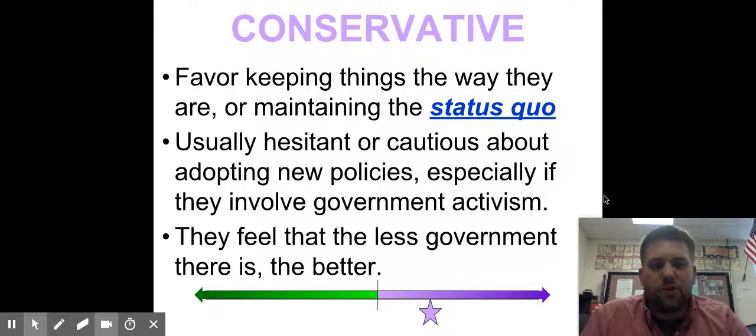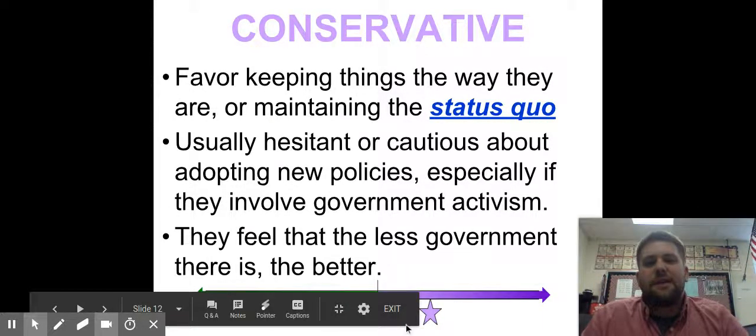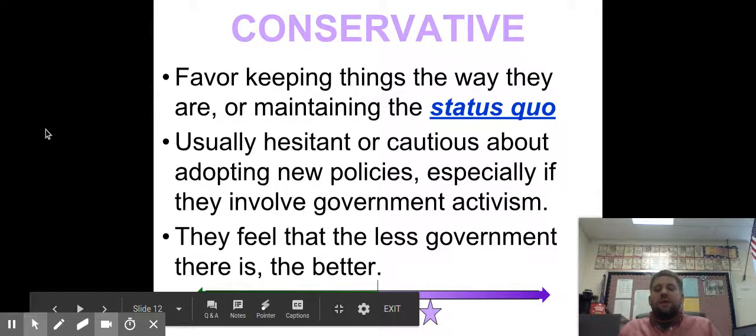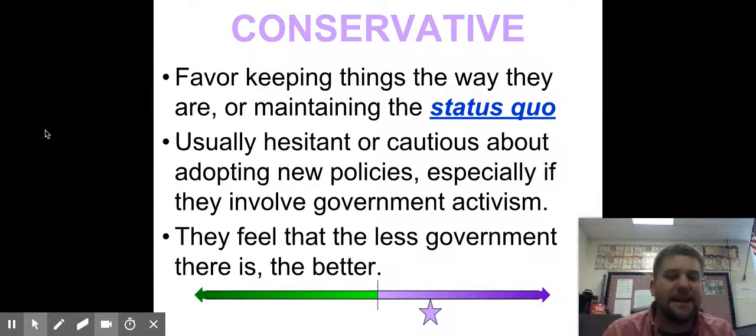Then we have our conservatives over here on the right side. They favor keeping things the way they are, right? As I mentioned before, maintaining the status quo. They are usually hesitant or extremely cautious about adopting new policies, especially when they don't really see a policy being broken in the first place.